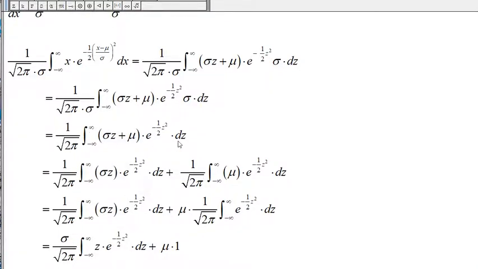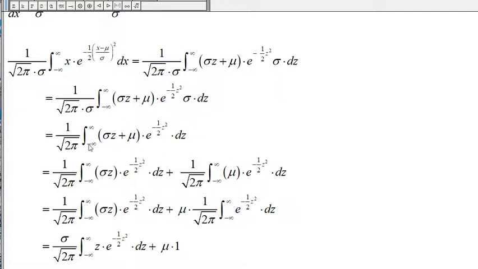And now we'll expand this integral. This will be the integral from negative infinity to positive infinity, sigma z times e to the negative 1/2 z squared, plus the integral of mu times e to the negative 1/2 z squared.